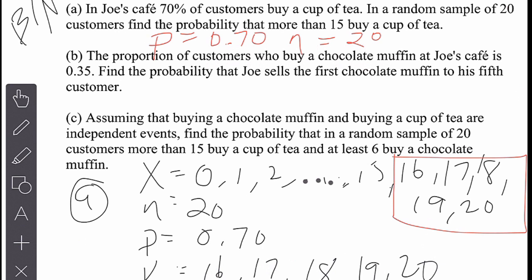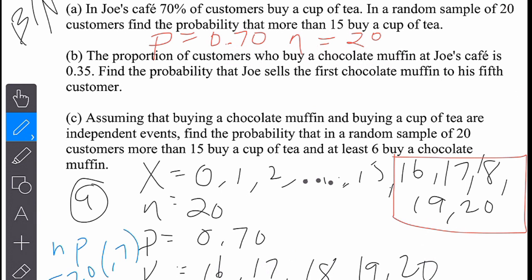Can you use it here? Let's just do a quick check. n times p is 20 times 0.7. So that's going to be 14, right? So that's greater than 10.